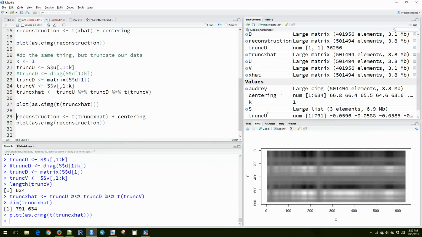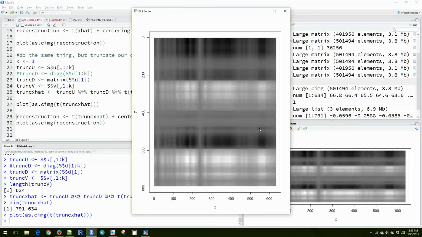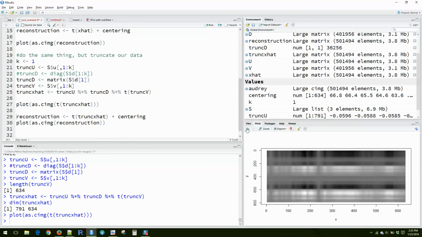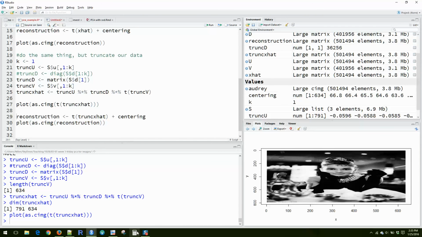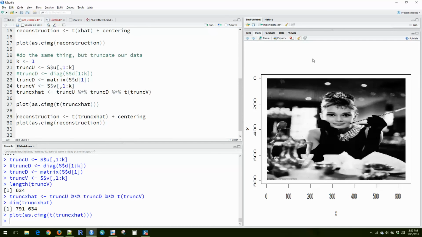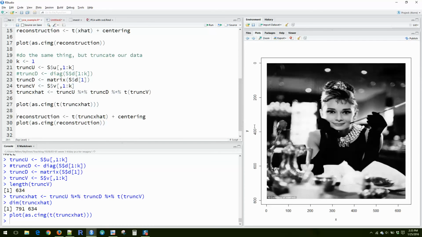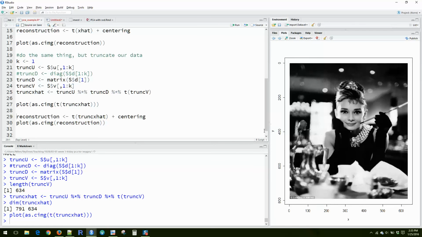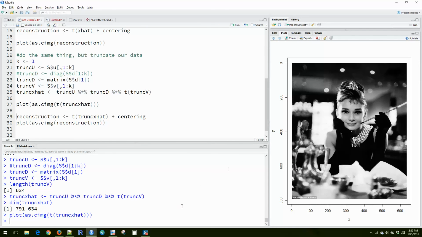And what this looks like, this does not look like Audrey Hepburn, but essentially, it's saying it has taken a look at this, and it's saying, what is the dimension that maximizes variation.